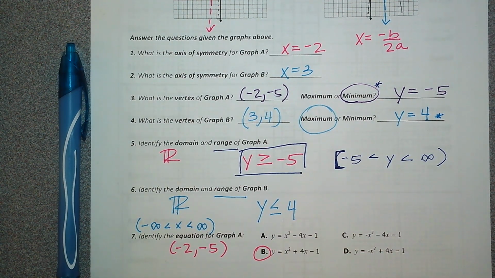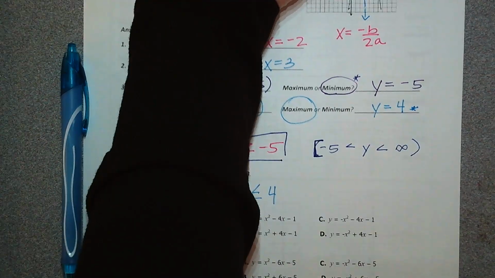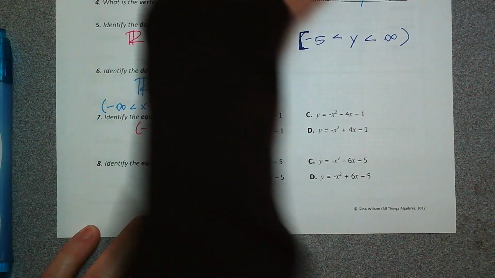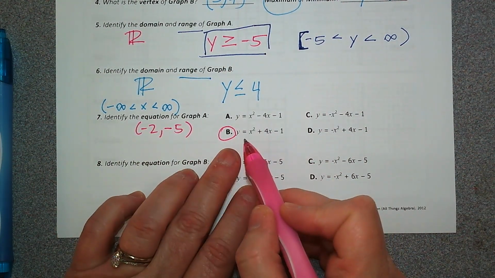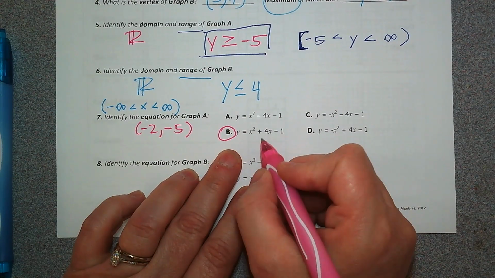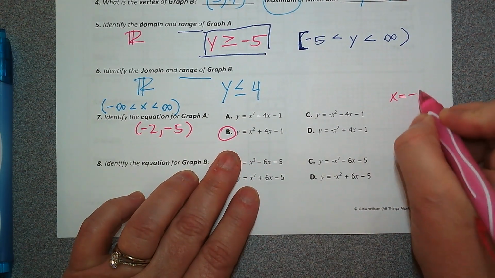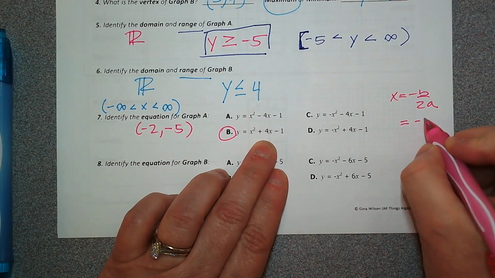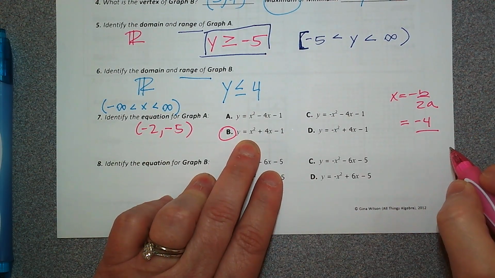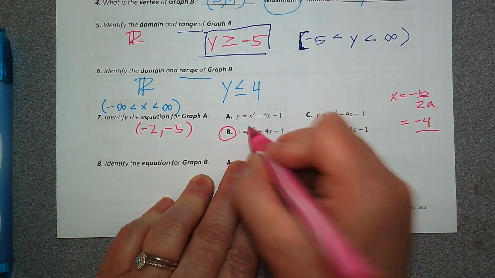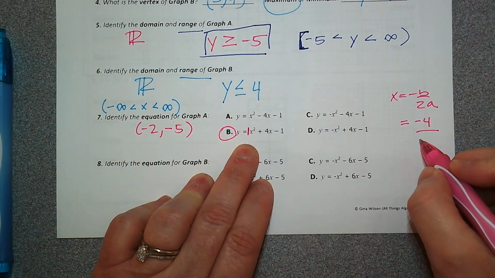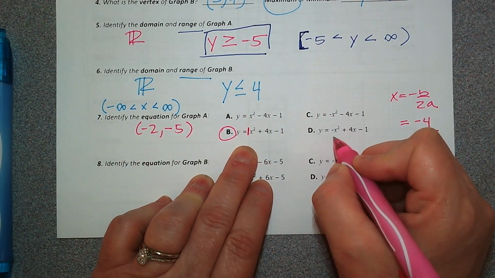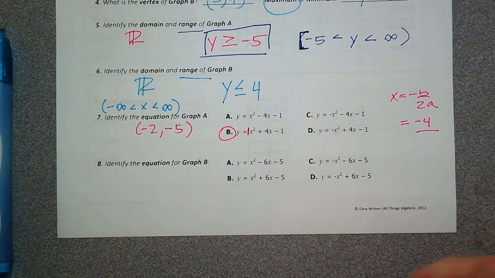Let me just show you how to do that real quick, in case you don't remember from yesterday. So for this equation, x equals -b over 2a. B is 4, so the opposite of b is -4 over 2 times a. A is 1. Make sure you're checking that a value. It can be 1, -1. It can be whatever's in front of x squared is a.